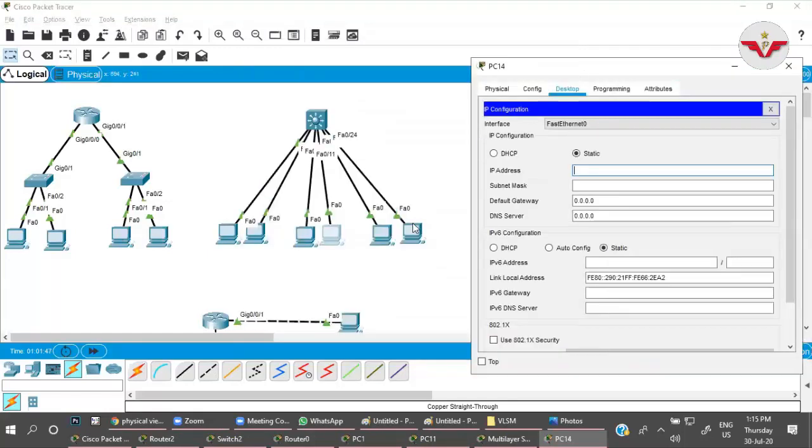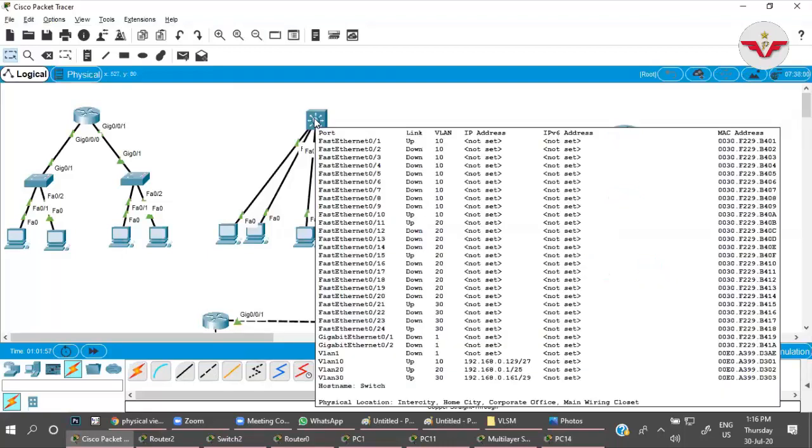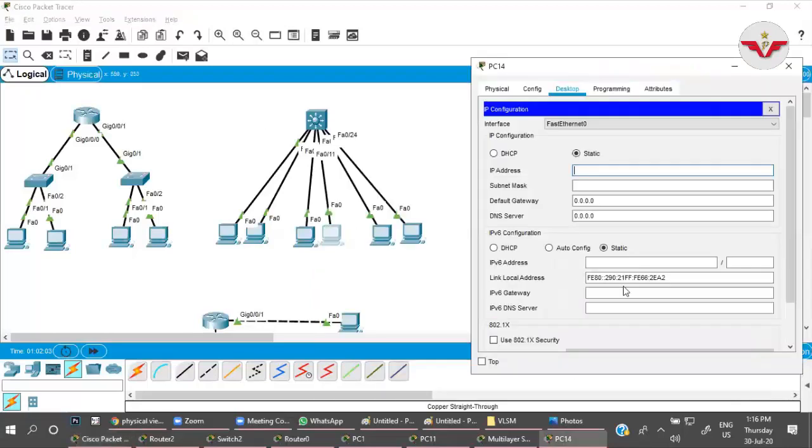No, the default gateway is 1 for the student network. I had given the first IP to the switch. If you go to the switch here, you can see 129, 161 at the very bottom. So here 1, 2, 3. 128, 1, yes.